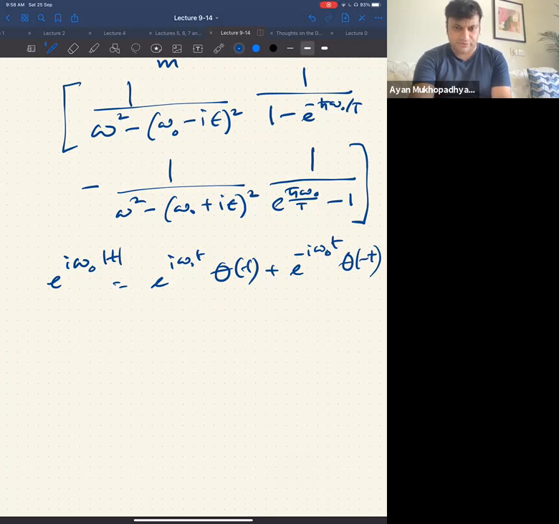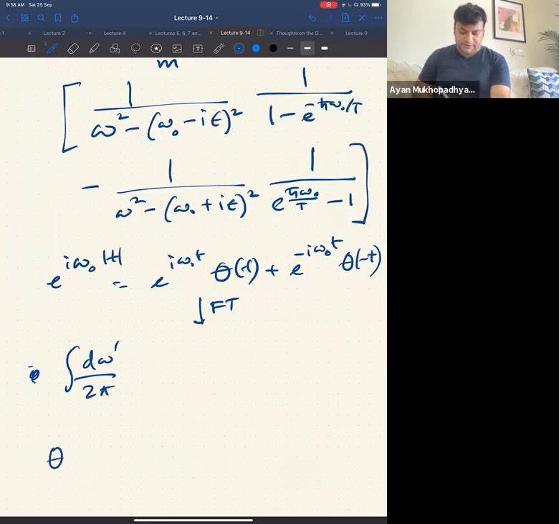And now if I do the Fourier transform of this object, firstly I would simply get, by the convolution theorem, ∫dω′ by 2π, and then the Fourier transform of θ(t).